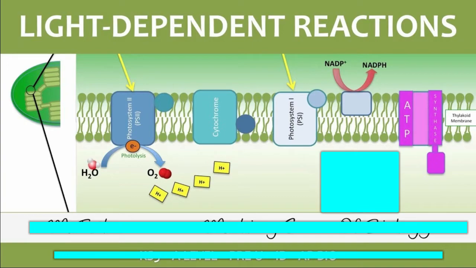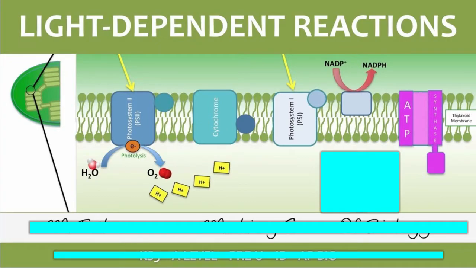Our last step is photophosphorylation. In this process, ATP is formed. Here, the energy liberated in the form of electrons during the photolysis of water is absorbed by a low energy compound called ADP, and its full form is adenosine diphosphate.